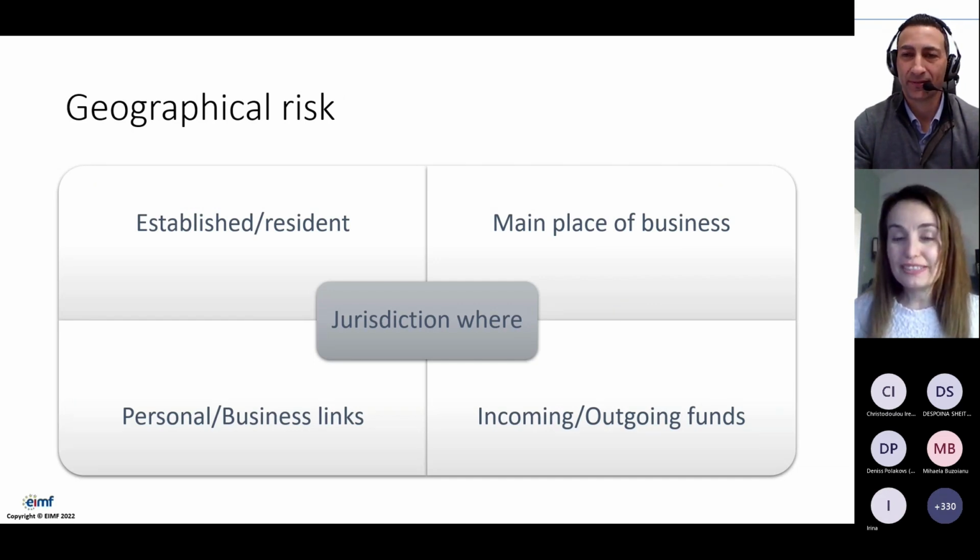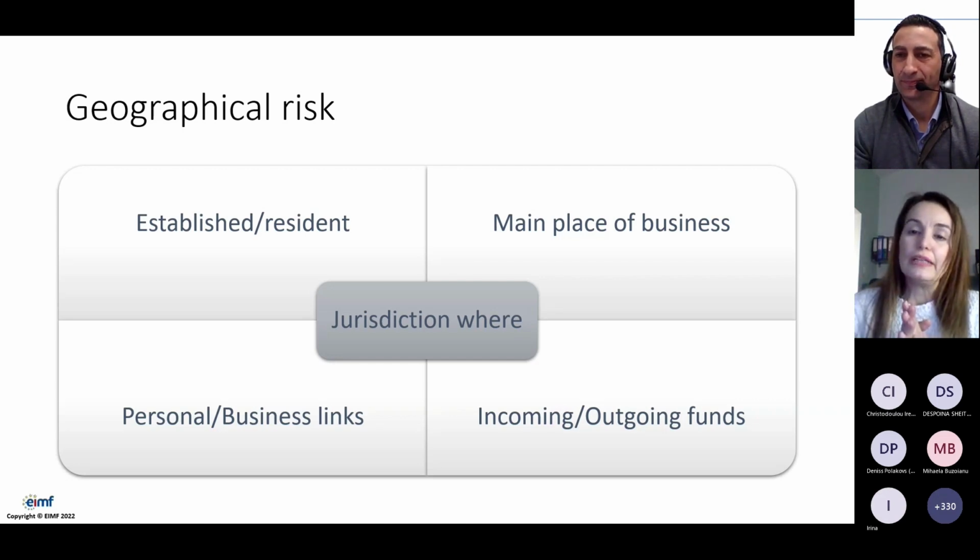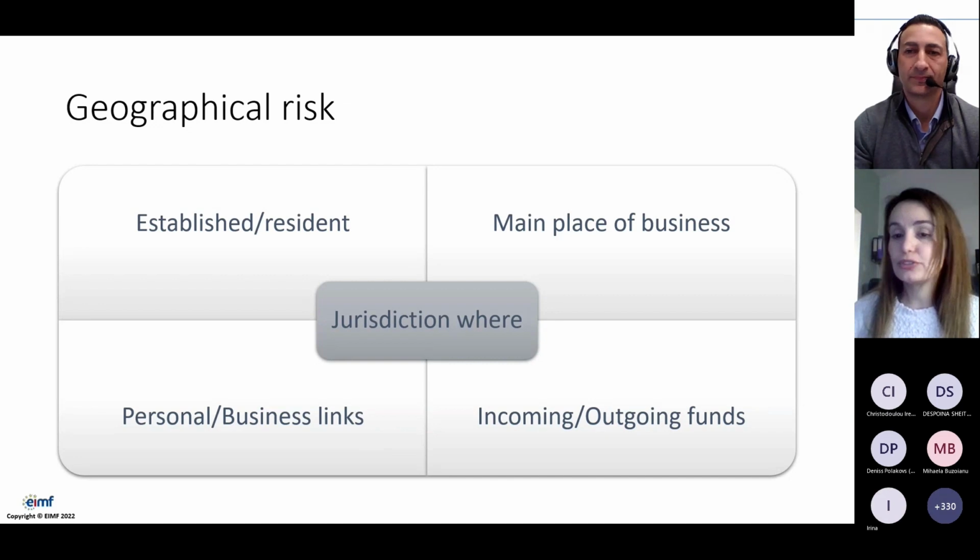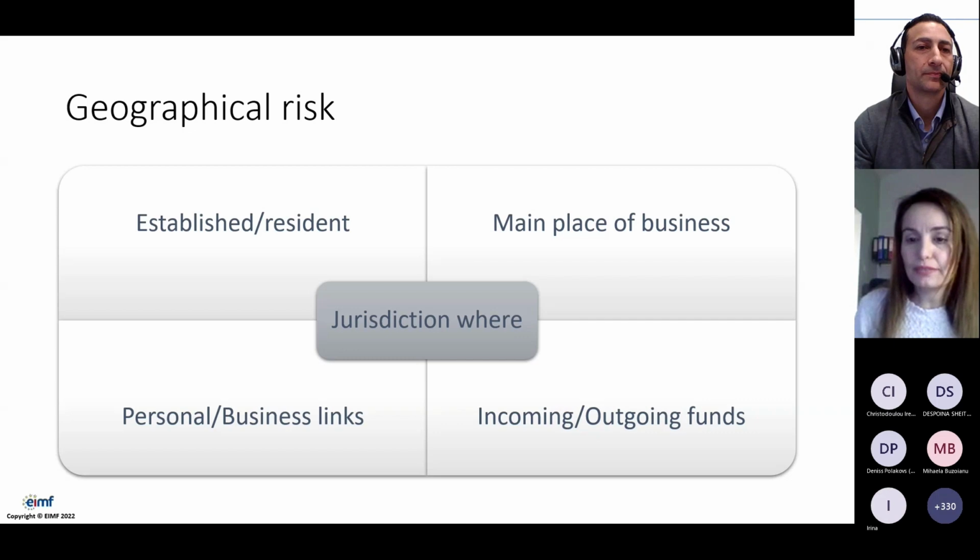So geographical risk, here we answered the question where. Not only the nationality, not only the country of residency, but also, in the case of a legal person, the main place of business, personal links, assets in high-risk jurisdictions, for example. Is there an explanation for that?